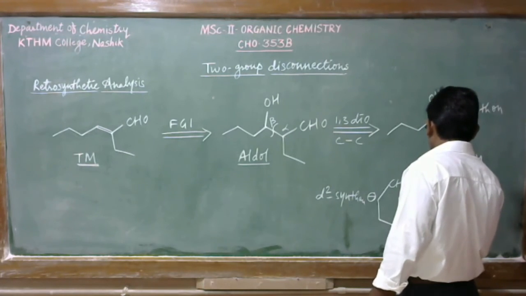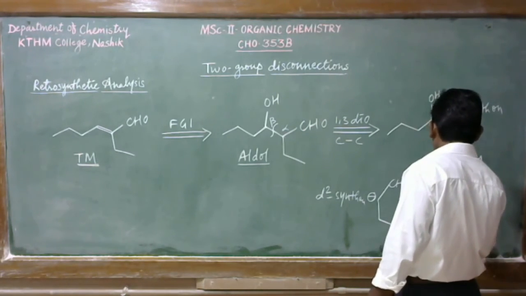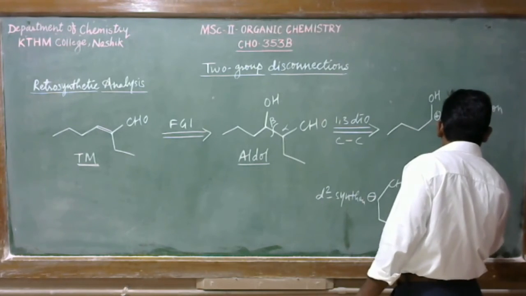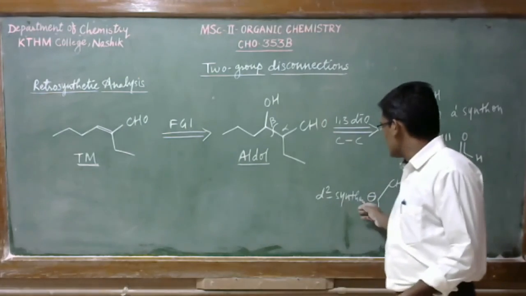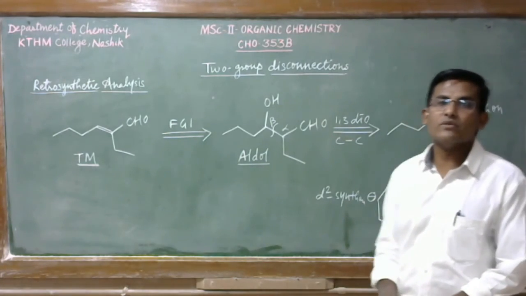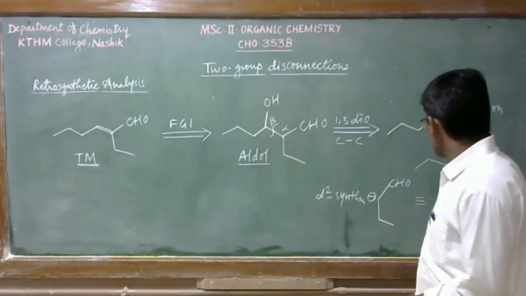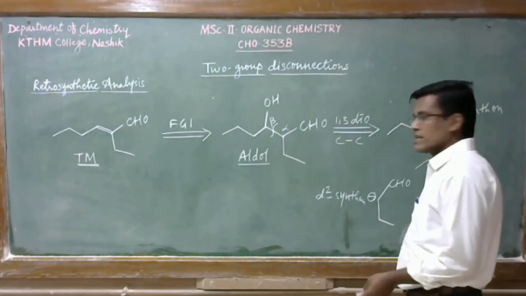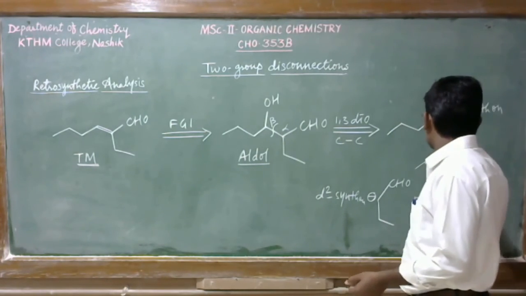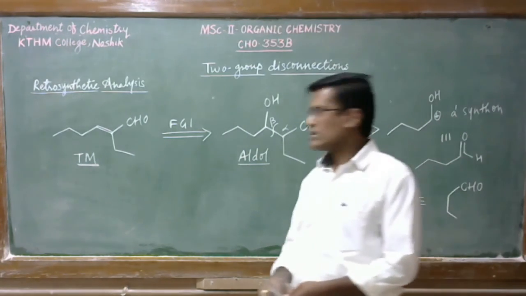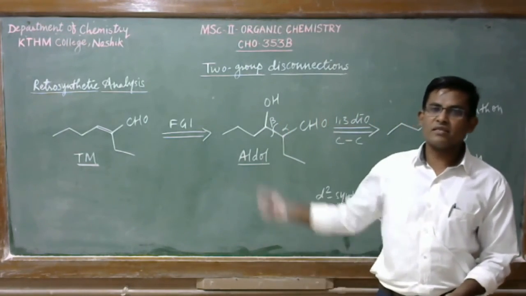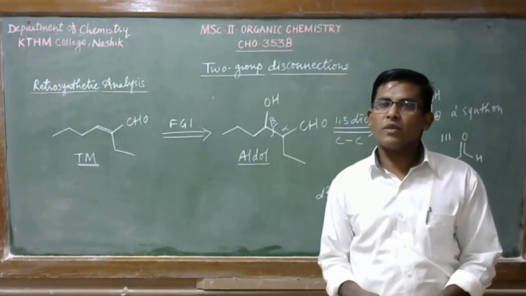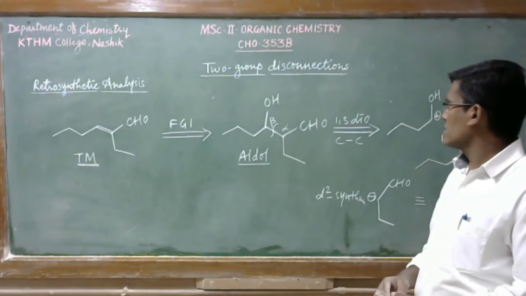Ultimately, this D2 synthon is equivalent to an enolate, so that enolate can be obtained from this corresponding aldehyde only. So this is how we can do the retrosynthetic analysis for this alpha beta unsaturated carbonyl compound.